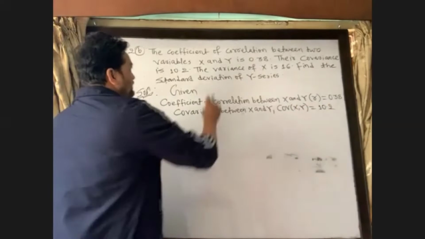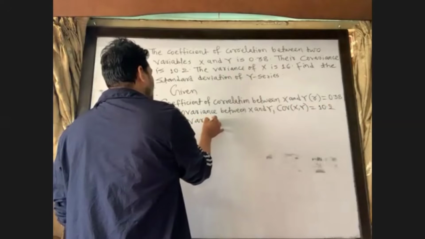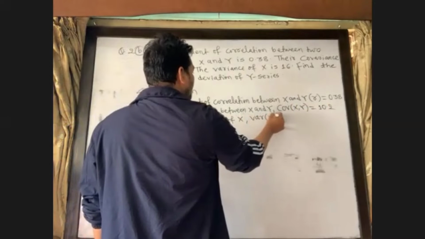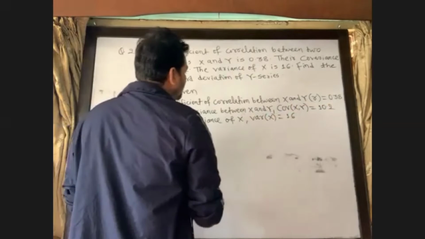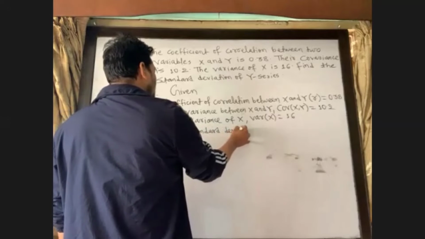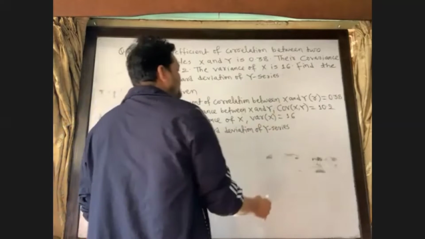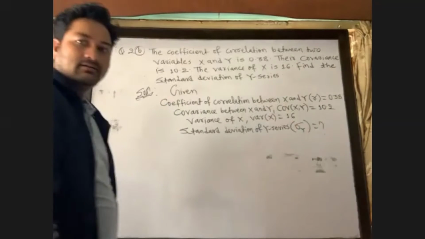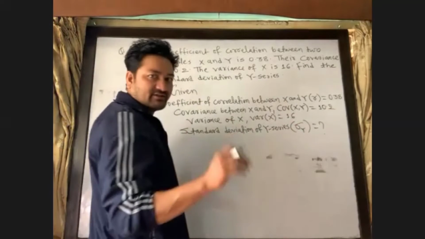Variance of x is also given. VAR of x is equal to 16. And we are asked to find the standard deviation of the y series, that is sigma y is equal to what?